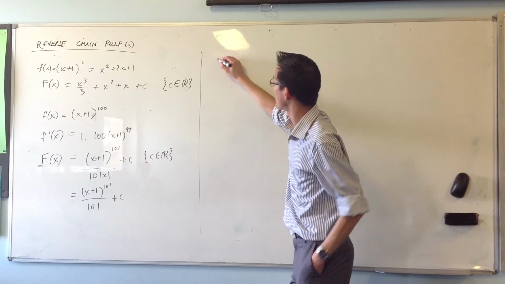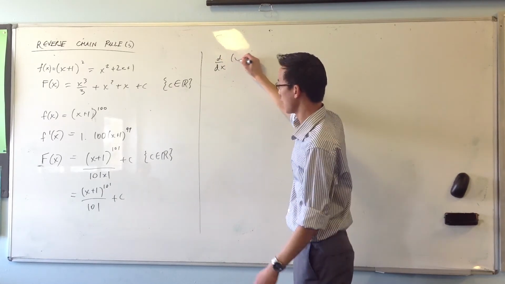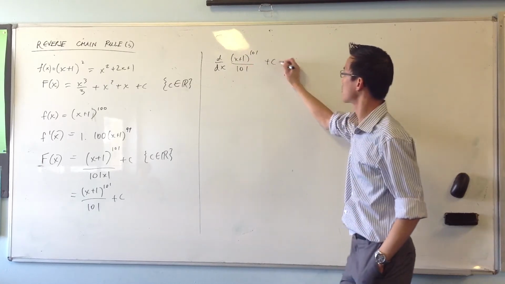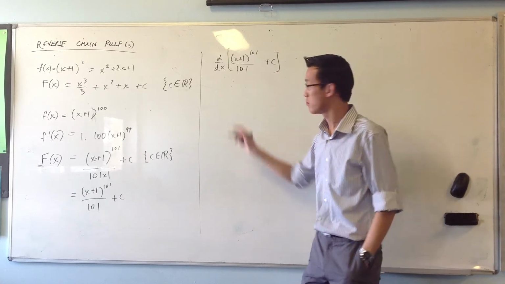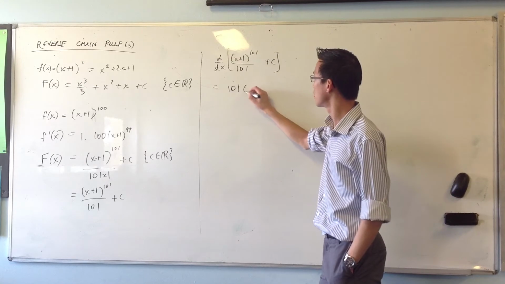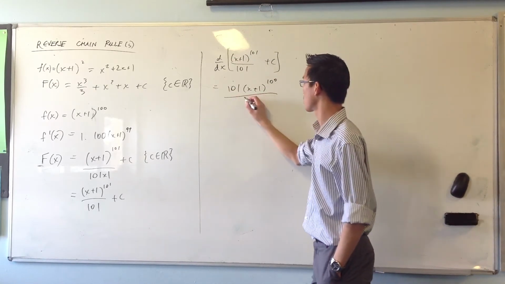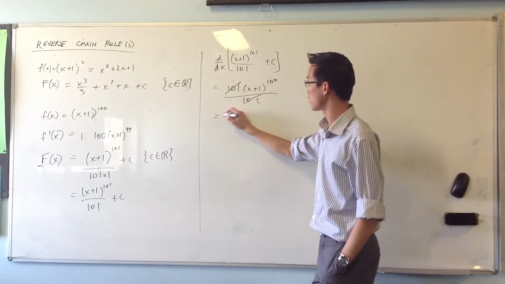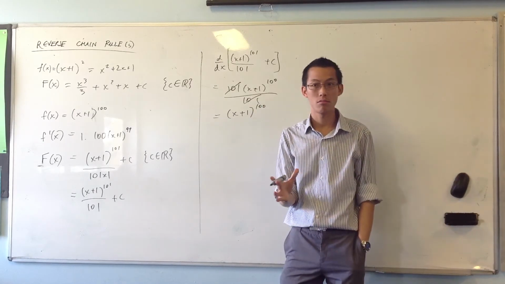I'm going to take the derivative of what I've ended up with over there, x plus 1 to the 101, plus a constant. Does it work? Power comes out the front. Power reduces by 1. This is already there. Constant disappears. 101, 101. That looks good. No problems. That's pretty good.